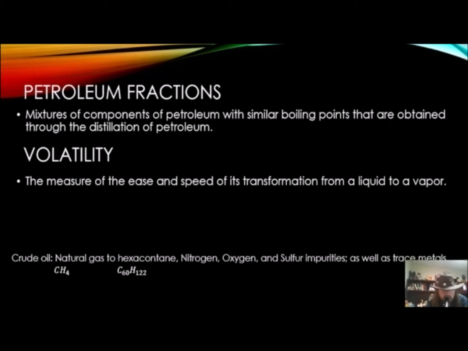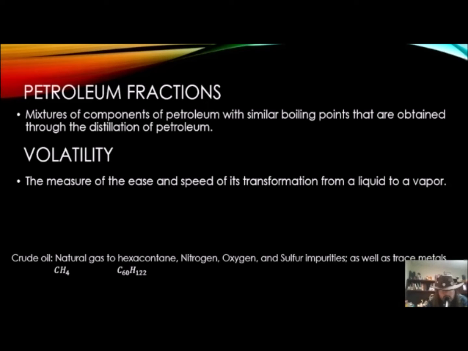Now, these petroleum fractions that we get from crude oil, crude oil in itself contain a variety of different hydrocarbon lengths, such as anything from natural gas, which is CH4, to hexacontane, which is C60H122, a rather large organic.